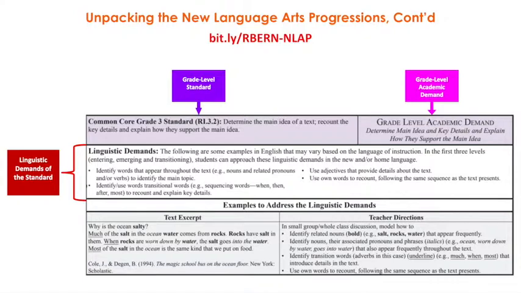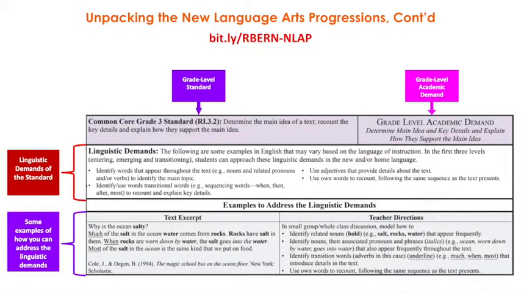They would also need to be able to identify and use transitional words, sequencing words, when, then, after, and most, to recount and explain key details. Students would also need to be able to use adjectives that provide details about the text, and they would need to be able to use their own words to recount following the same sequence as the text presents. These are the linguistic demands of this standard.